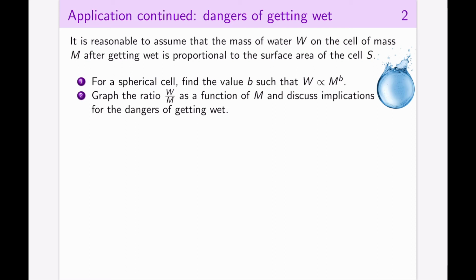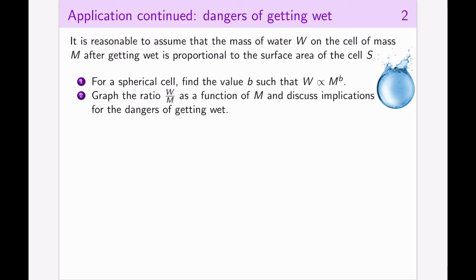So it is reasonable to assume that the mass of the water that covers a spherical object when it gets wet is proportional to the surface area of that cell, right? Again, the water actually covers the outside of the spherical object, so it makes sense that the water mass that covers it is proportional to that surface area.